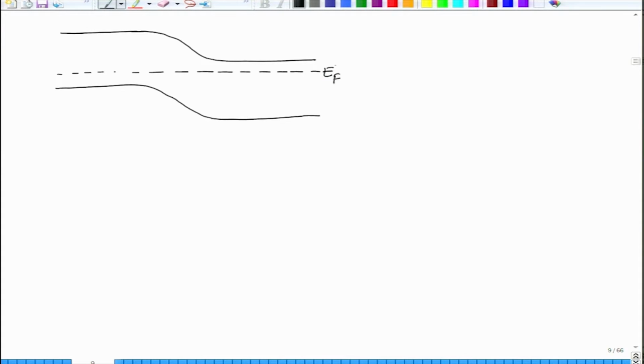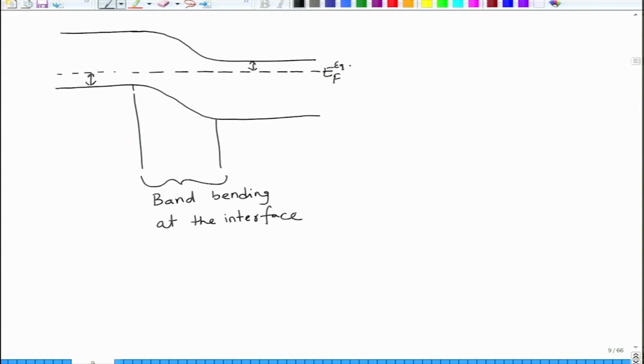But you can see that on this side you have valence band being closer to Fermi level. On this side you have conduction band being closer. Now to equate the Fermi level on the two sides, because you have two compositions on two sides, there has to be a band bending. So this is where you see what we call band bending at the interface, and this is because of differences in composition of two sides.